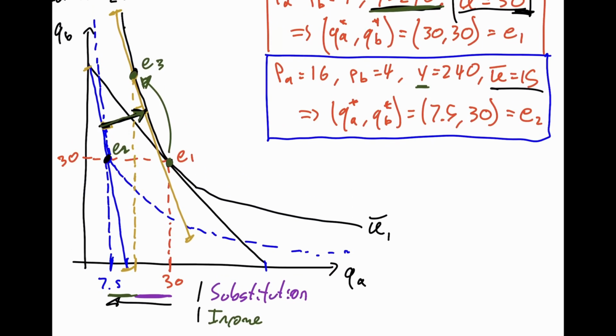That when we go from E1 to E2, this intermediate step of E3, that the compensation, the movement, we'll call this delta y, is required to keep us on this indifference curve that we care about, this u bar 1.